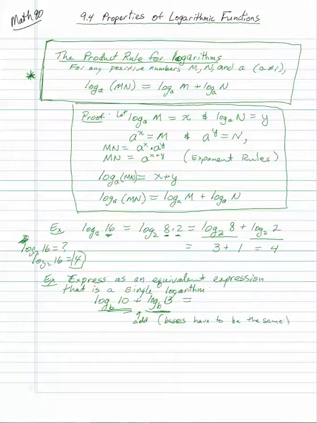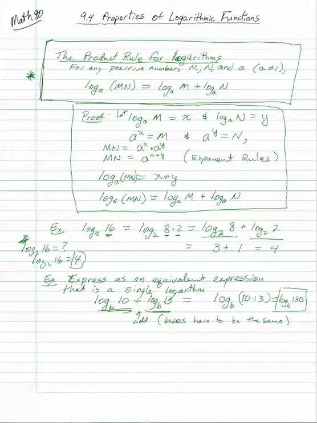And if they are, then I can combine them using the product rule, and you leave the base alone, and then you multiply the numbers inside. So it's log base b of 130. So typically that's the way we use it, but we can use it in the other direction also.